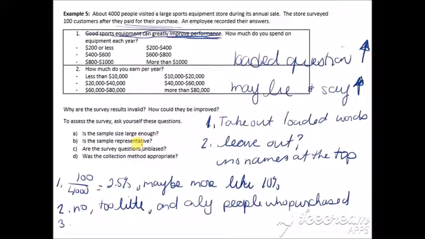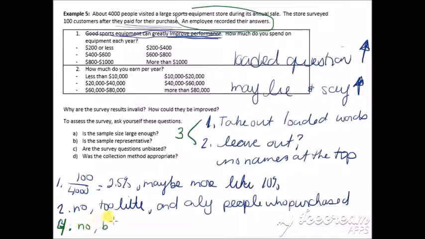Are the survey questions unbiased? We already answered that. And was the collection method appropriate? Well, here's the thing. An employee recorded their answer. So that has to do with number 3. So let's go to 4. Was it appropriate?